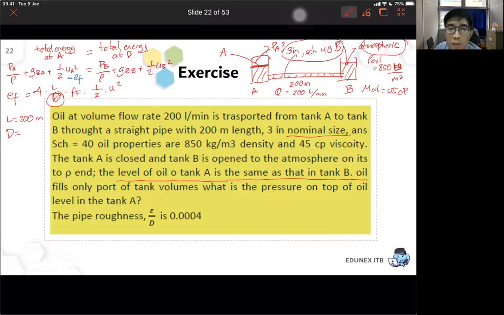Where can you get it from? You can get it from the data. So can you check for the pipe with 3 inches schedule 40, what is the inside diameter?